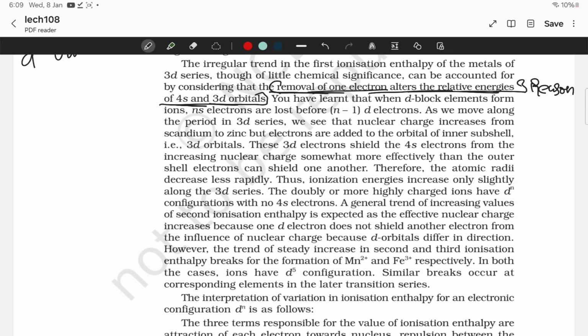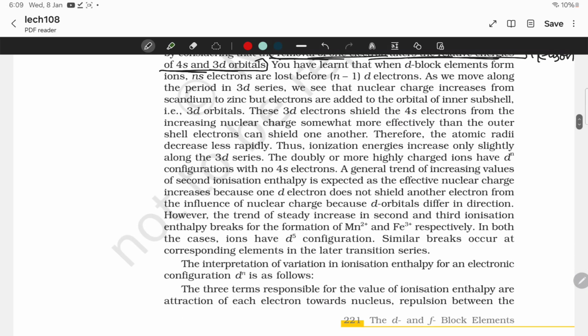The doubly or more highly charged ions have d^n configuration with no 4s electron. A general trend of increasing value of the second ionization enthalpy is expected as the effective nuclear charge increases, because one d electron does not shield another electron from the influence of the nuclear charge, because d orbitals differ in direction.